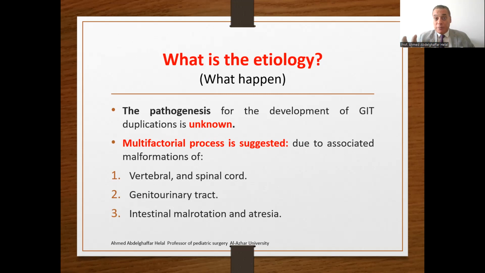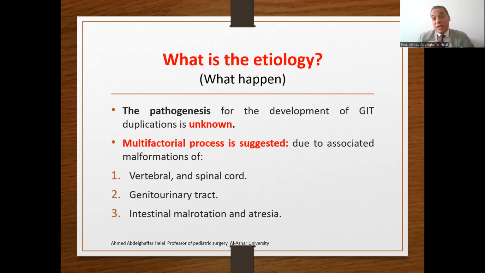So a duplicated part of the bowel may present associated with vertebral or spinal cord anomaly, sometimes called the enterocystic disorder. There is a cyst related to the enteric system and the gastrointestinal system.